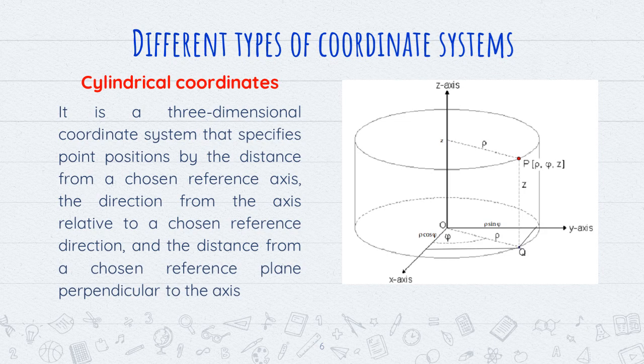If you take any point on the cylindrical surface, it is at the same distance rho from the axis. Therefore, we define the cylindrical surface as a rho constant surface, because the distance from any point on the surface to the z-axis is the same throughout.